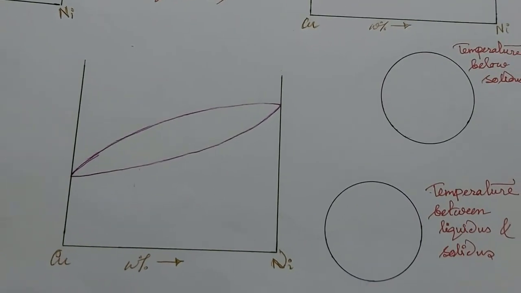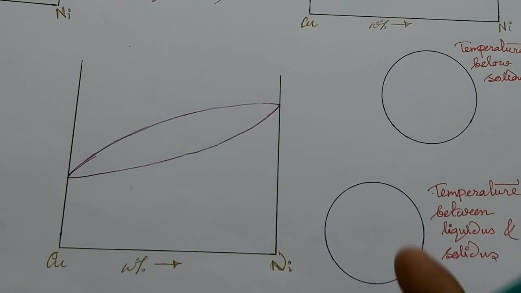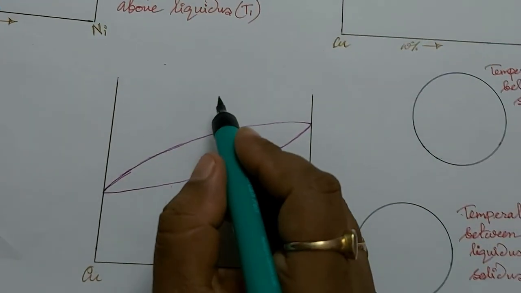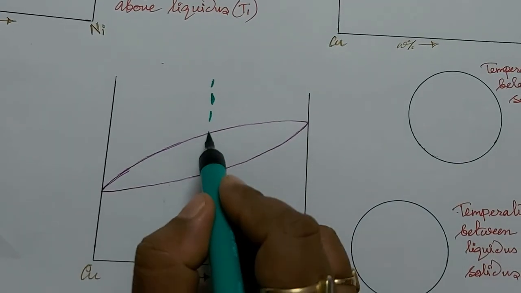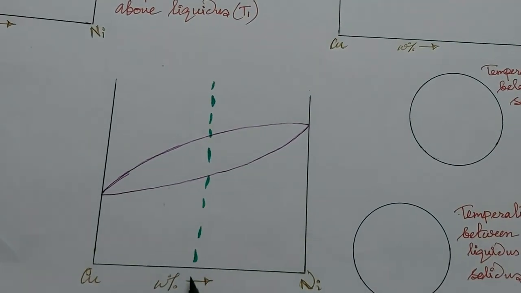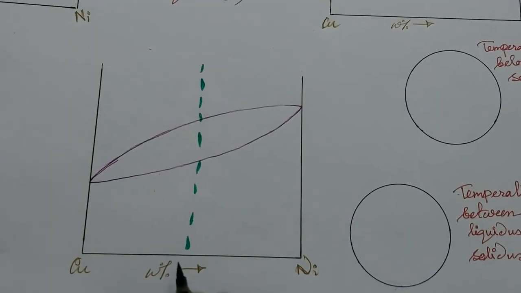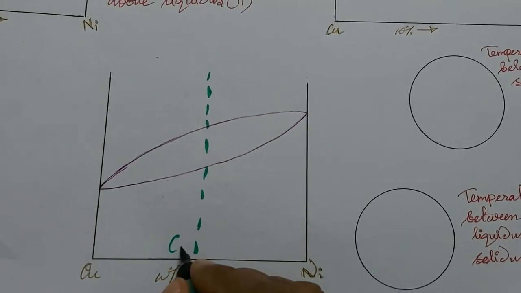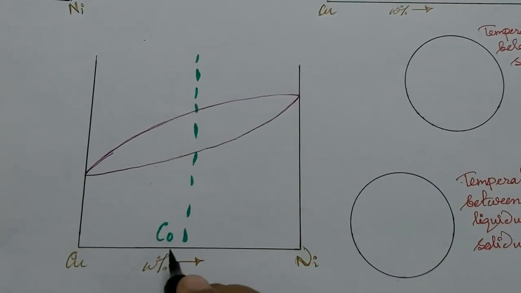First of all, in this case we have constant temperature and constant composition, which consists of 50% copper and 50% nickel, which is C naught.